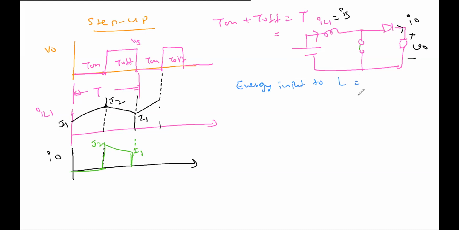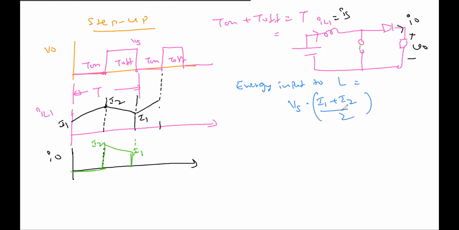Energy input to L is VIT. This Vs is the input to this one when it is on. Input voltage is Vs. VIT is the energy. I is the average current. What is the current? It goes from I1 to I2, okay? I1 plus I2 by 2.